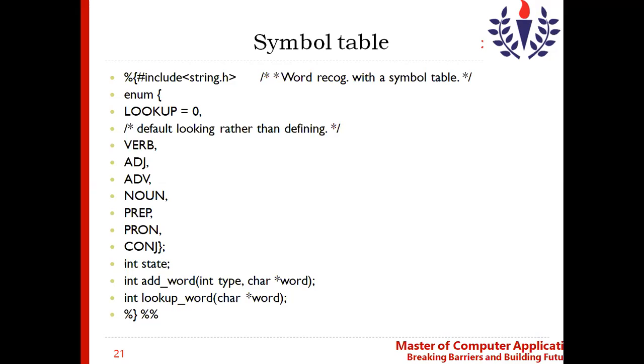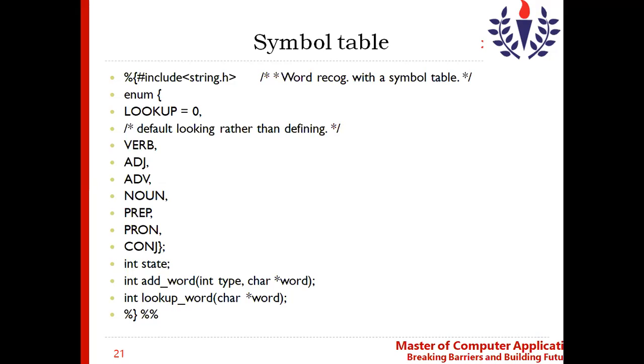So we are going to store the different words and types of words into the symbol table, and whenever there is an input which needs to be checked from the database, that is the data structure that we consider as a linked list over here. From the linked list, we are going to search the words given in the input and find out the type of the word.